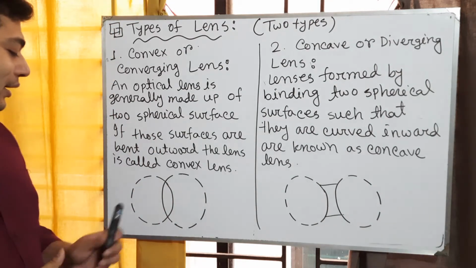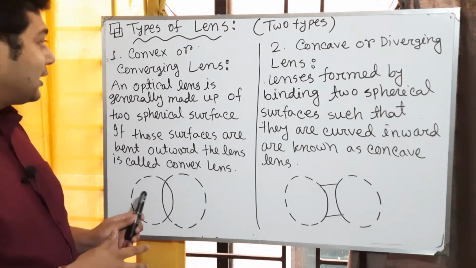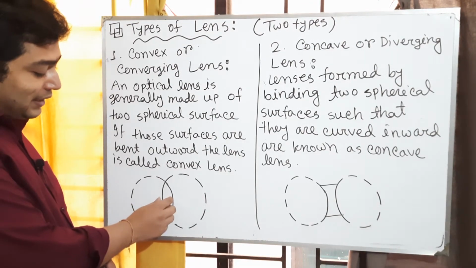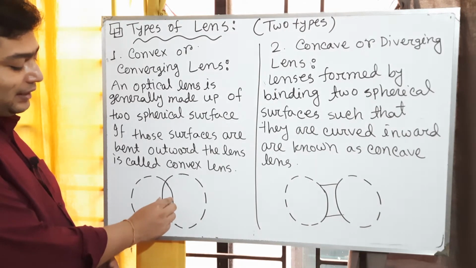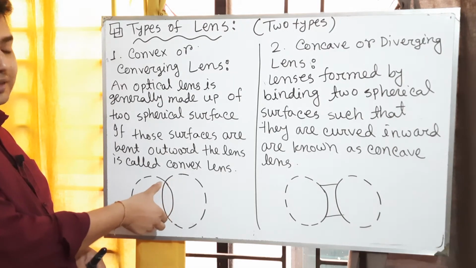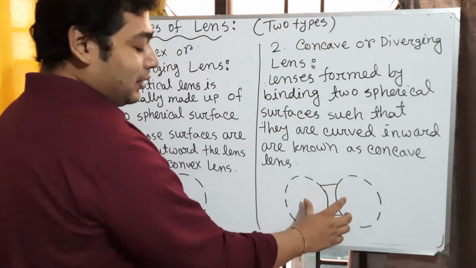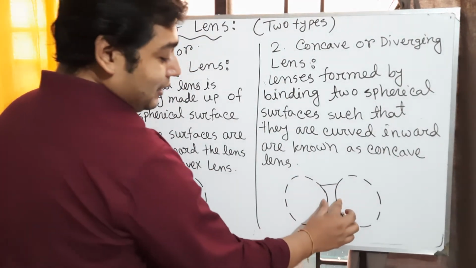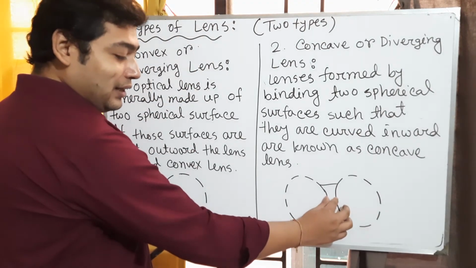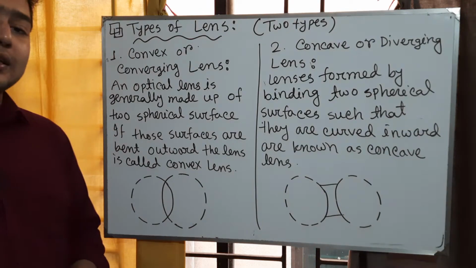From the figure you can see that the convex lens is thicker in the middle and sharp at the sides. But the concave lens is thinner in the middle but thicker on both sides.